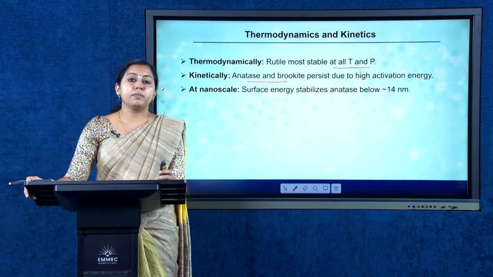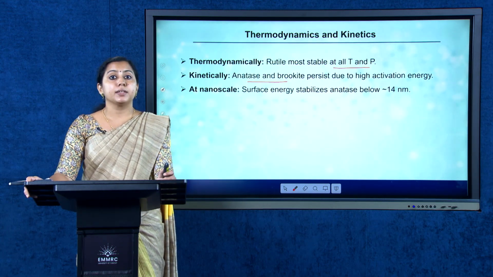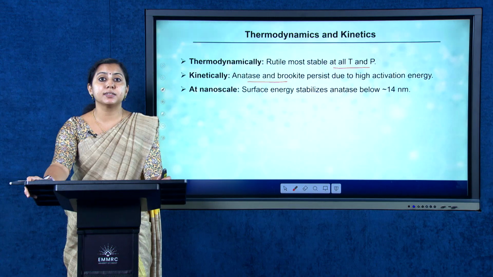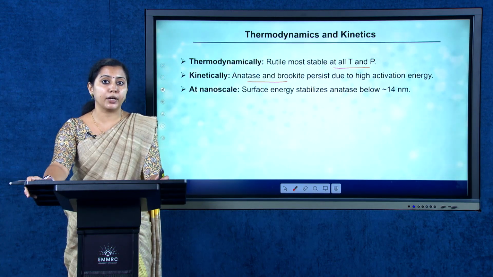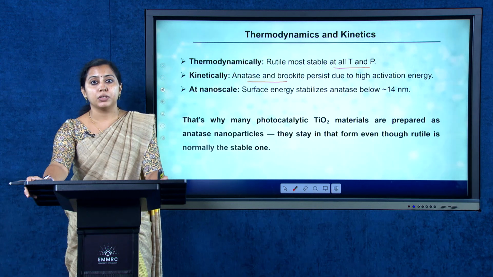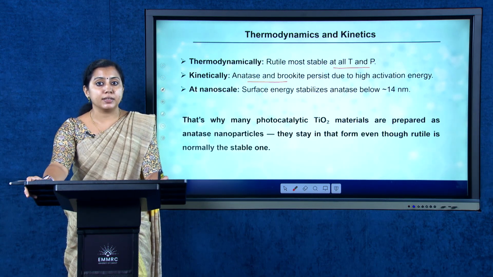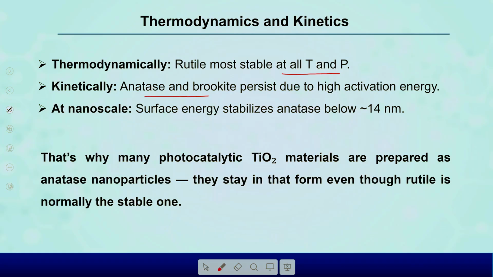When we consider the particle size at nanoscale, the surface energy stabilizes anatase, that is smaller nanoparticles below 14 nanometers. So that's why many photocatalytic TiO2 materials are prepared as anatase nanoparticles. Why? Because they are more stable than the rutile phase when their size is smaller.